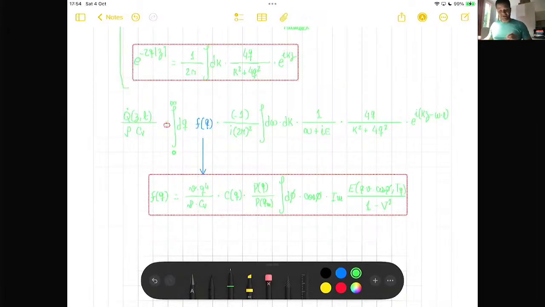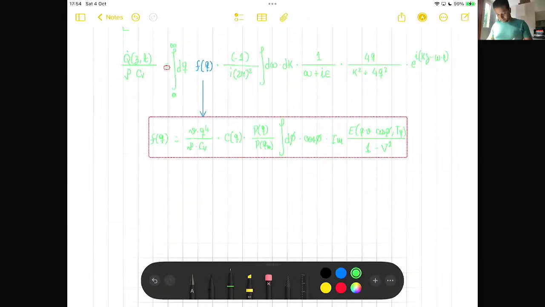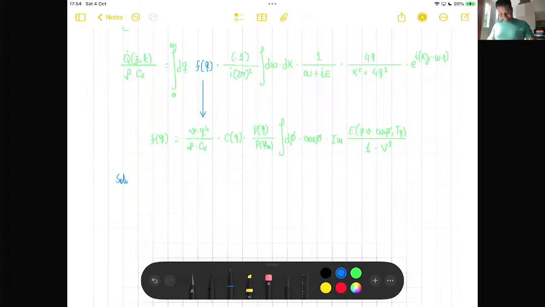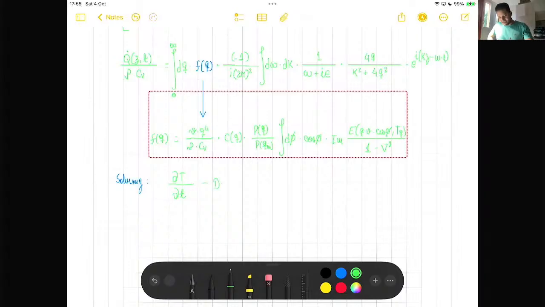To solve the heat diffusion equation: the partial derivative of the temperature with respect to time, times the diffusivity, times the Laplacian of the temperature, is equal to Q dot, the energy production, divided by ρ times the volumetric specific heat.